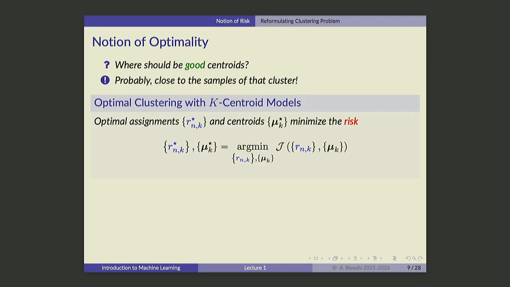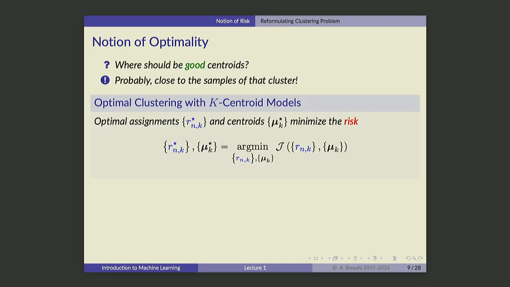Okay, now everybody feels fine about this formulation. So what is the clustering that I want to do? In this optimization, what are the variables that I want to optimize? The assignments are choices of R. I have n times k different of them.